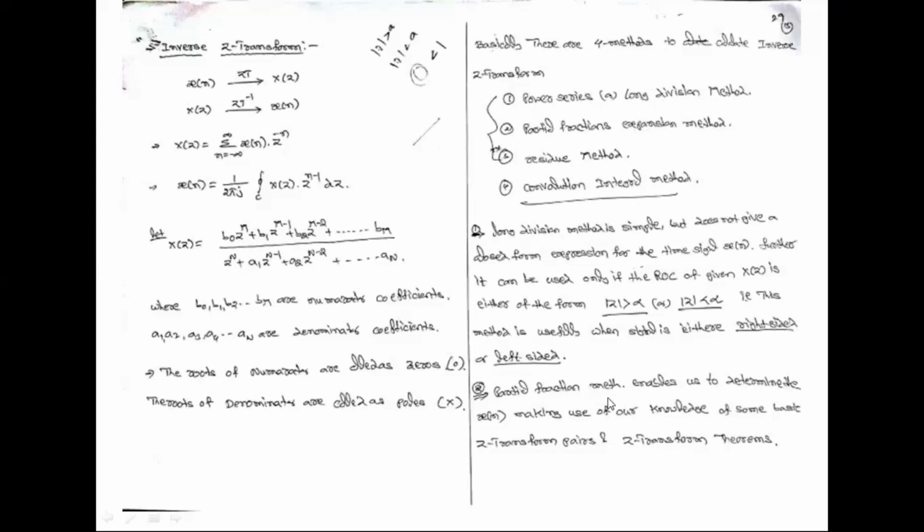The partial fraction method enables us to determine x of n, making use of our knowledge of some basic Z transform pairs and Z transform theorems. By using the partial fraction method, directly the expression we get, 1 by 1 minus a z inverse, is one of the Z transform pairs, which corresponds to a power n times u of n. You can write it as a direct equation in terms of the time domain function.